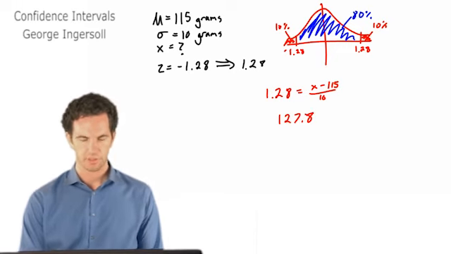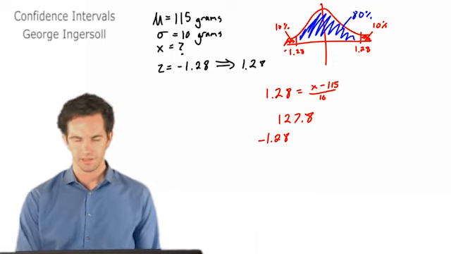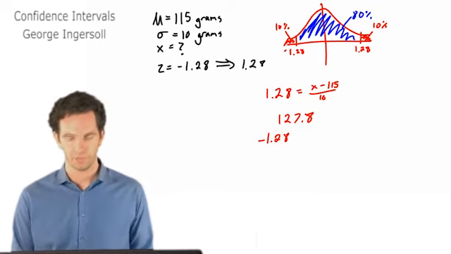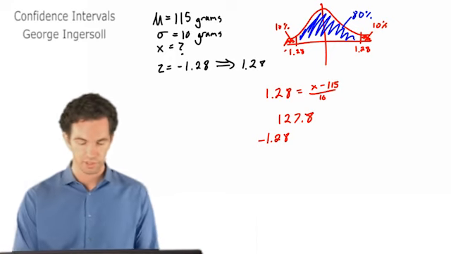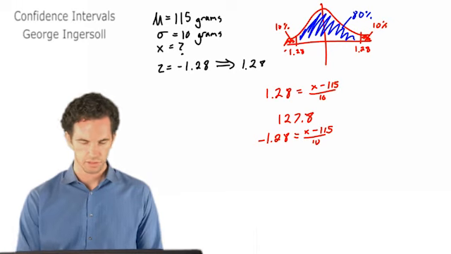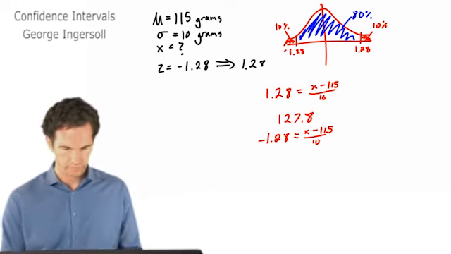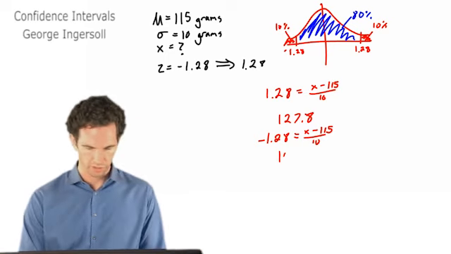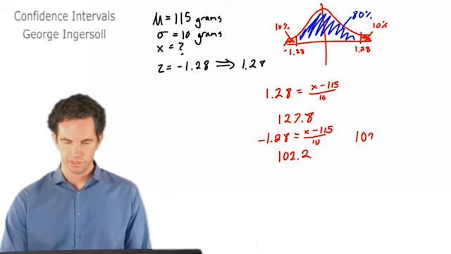That's my upper bound. And if we do the same thing on the lower side, you could just subtract 115 from 127.8 to give you the range, but I'm just going to go ahead and solve this. The lower bound is going to be 102.2.